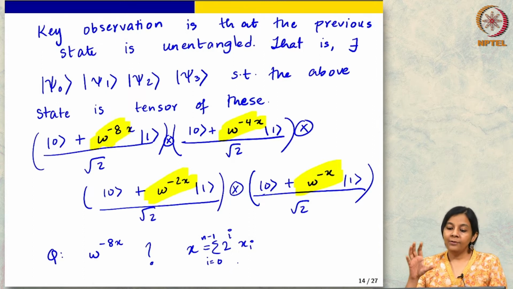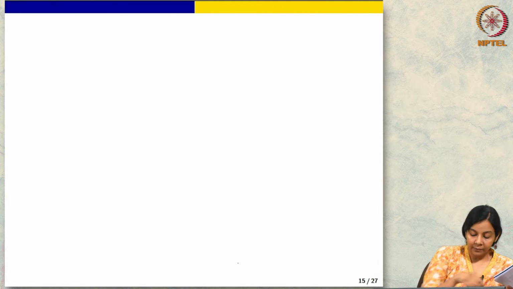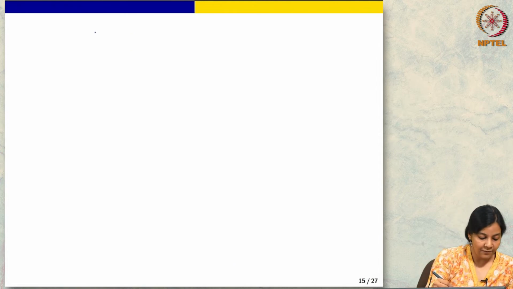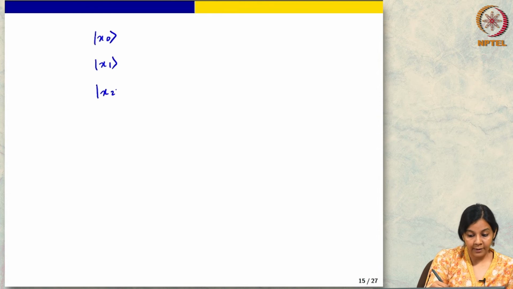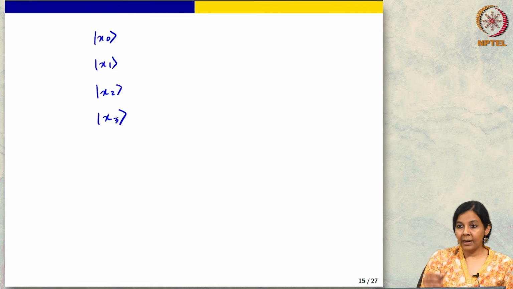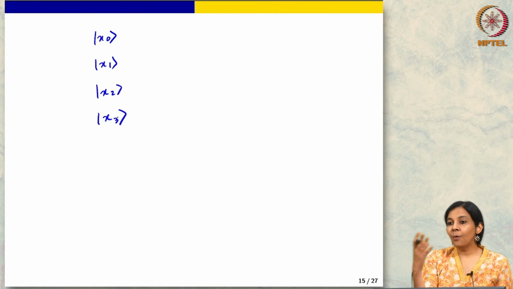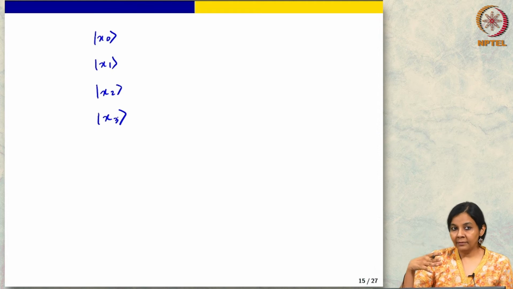What I would like to do is build a circuit. So, I have x0, x1, x2 and x3. This is my x, and I am trying to go to this tensor of size, correct.